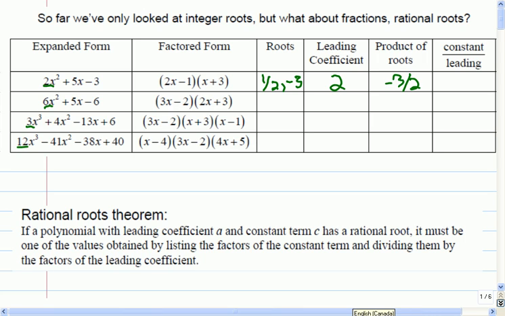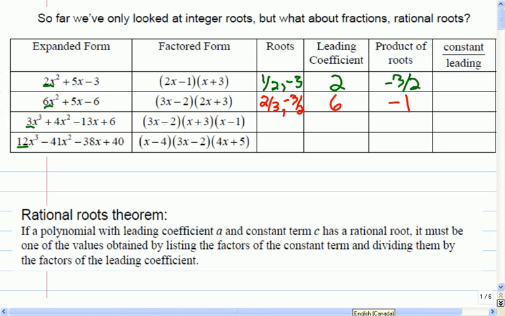Okay. Let's take a look at another example and then we'll see if you can draw any conclusions. So in this case, it's going to be 2/3 and -3/2. The leading coefficient is 6, so I get a -1 for the product of the roots.